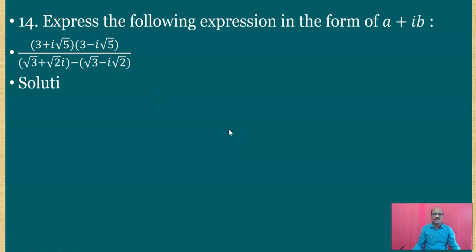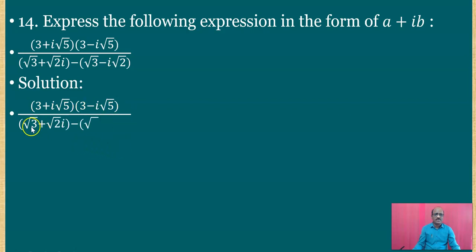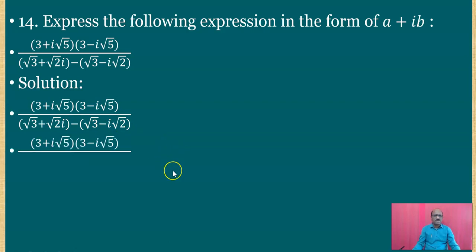Normal simplification here. See this here: 3 plus i root 5 into 3 minus i root 5 upon root 3 plus root 2i minus in bracket root 3 minus i root 2. Here is the simplification.